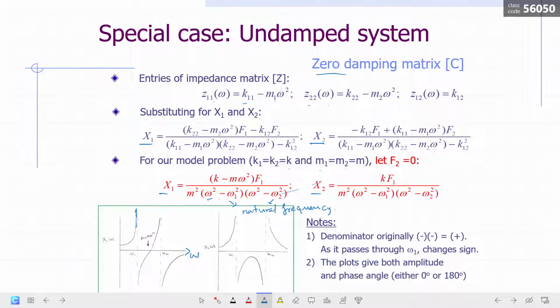So if you approach from the left hand side, amplitude H grows to infinity. But if you approach it from the right hand side, the amplitude H grows to minus infinity. So this is just a fractional function.